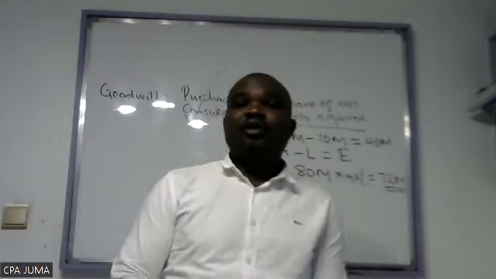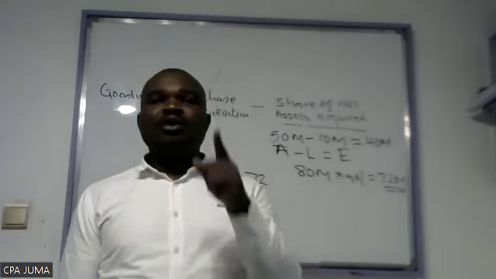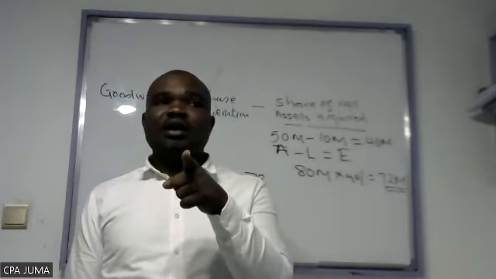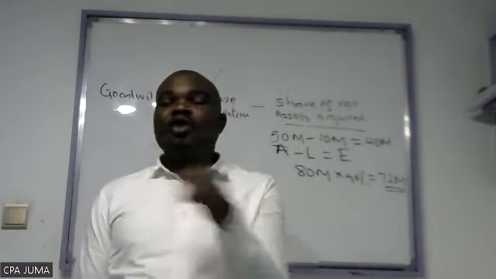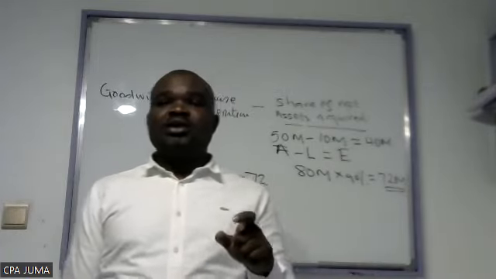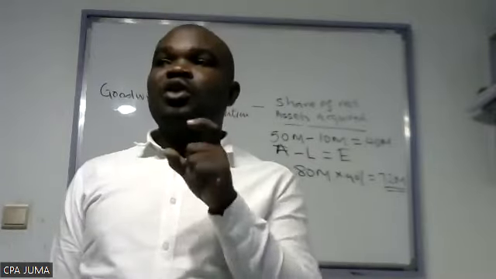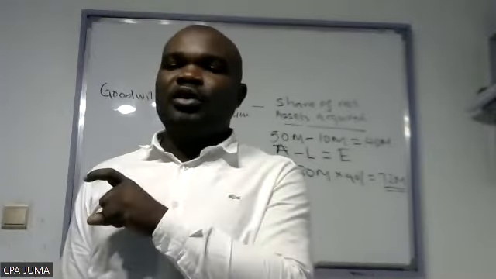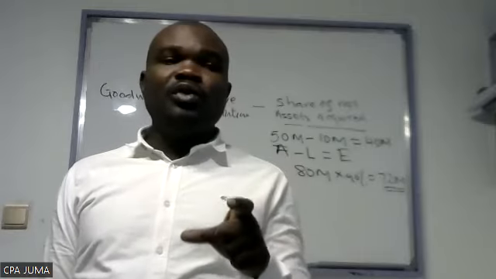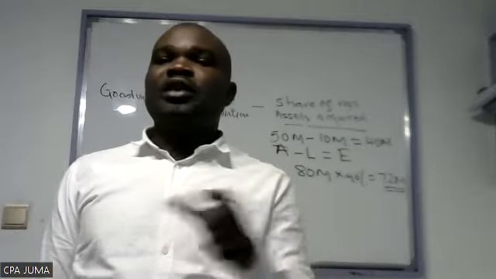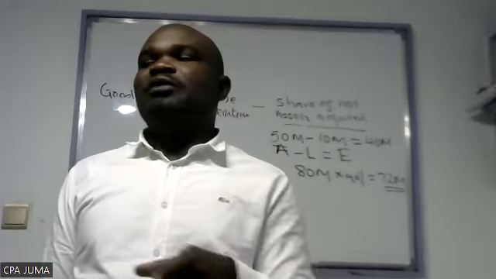So the method will depend. Are you determining goodwill for both parent and minority? Or you are only determining for parent? So where goodwill is only calculated for the parent, then that is called partial method. Where we are determining goodwill for both parent and minority, that is called full method or fair value method.